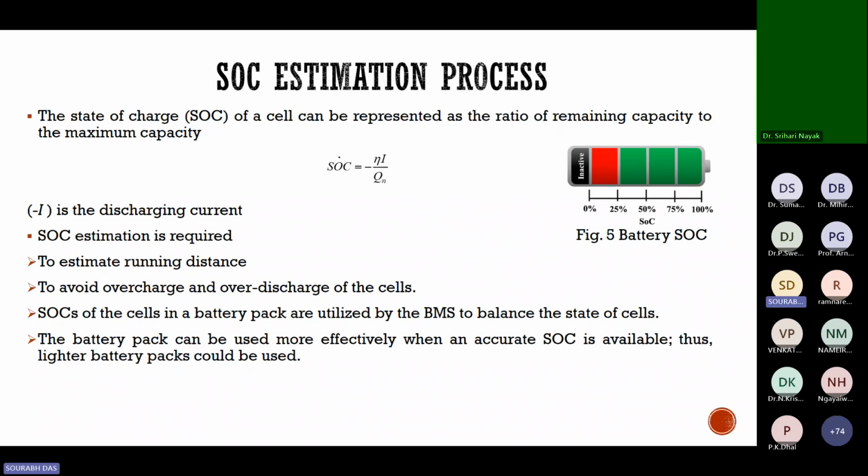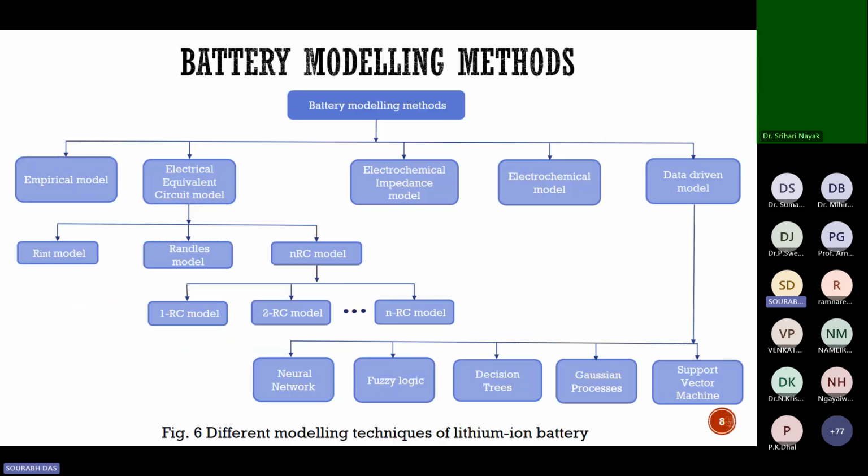Due to this cell balancing, we can ensure that the battery pack can be effectively used. If we effectively use the battery pack, then the weight of the battery pack can also be reduced, because it is also a concern for the EV application.